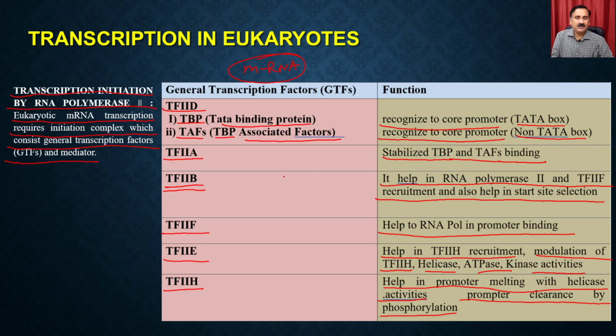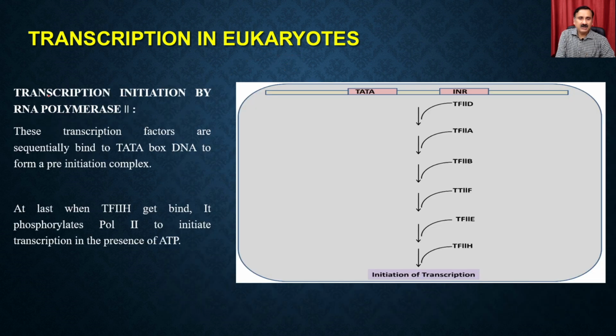So let's see how these general transcription factors participate in transcription in eukaryotes. Transcriptional initiation by RNA polymerase II is performed not by one factor but by many factors. These transcription factors sequentially bind the TATA box DNA to form a pre-initiation complex.